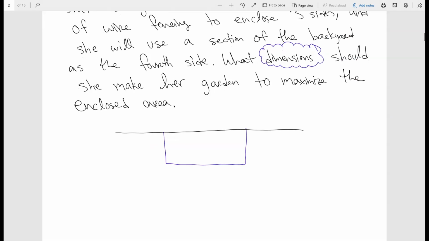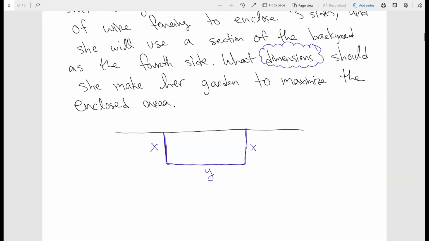So if you think of the length and the width, let's say this is x and let's say this is y, well, this should also be x, right? Because assuming that this is going to be a rectangular field, both sides should be exactly the same. So what should all of these sides be in order for her to maximize her area? Now let's think about it.